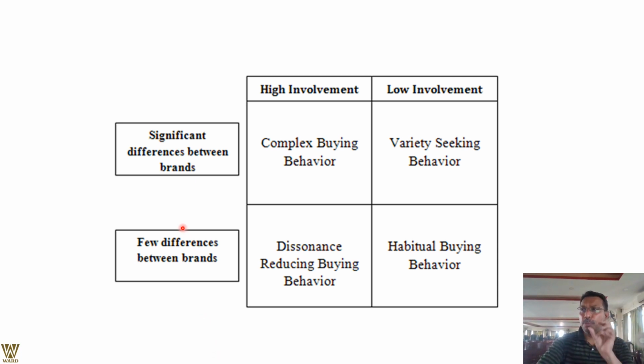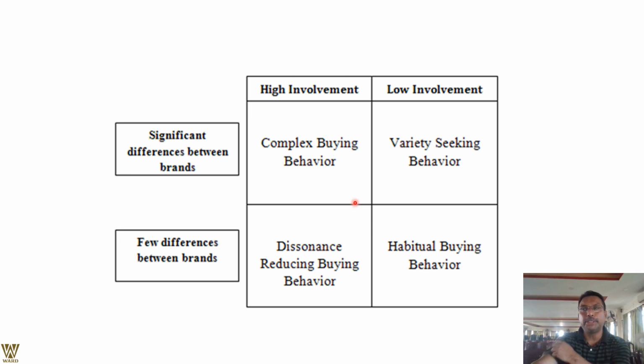If there are few brands or few choices, and if there are significant differences from top to bottom, a hell of a lot of differences in terms of money power, esteem, quantity, quality, and so on, then remember, when it is all about high involvement and significant differences, we have complex behavior of consumers.